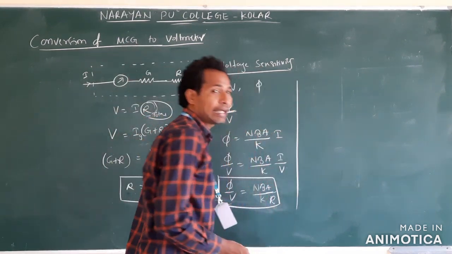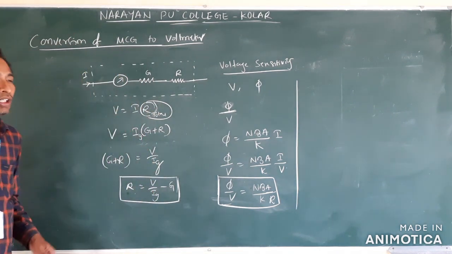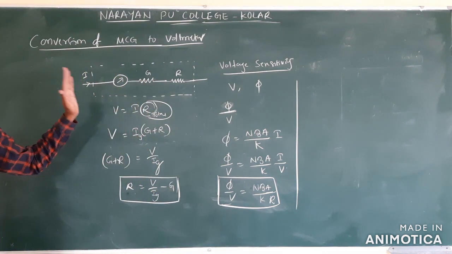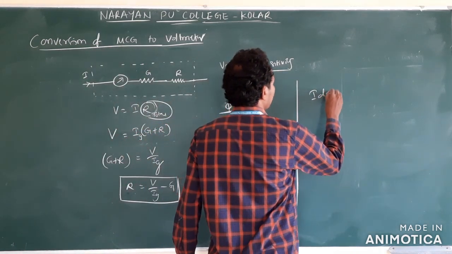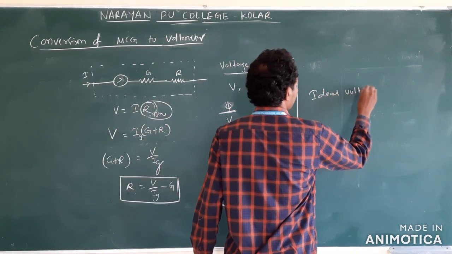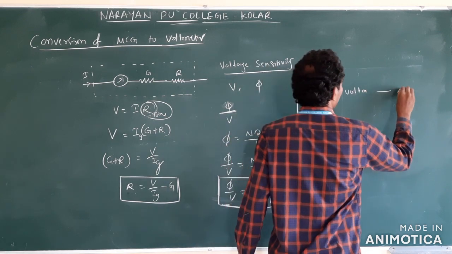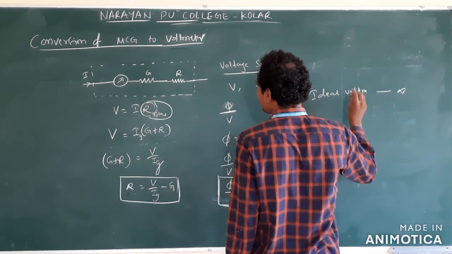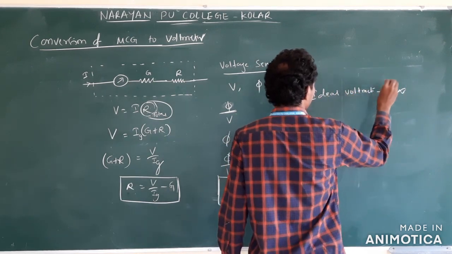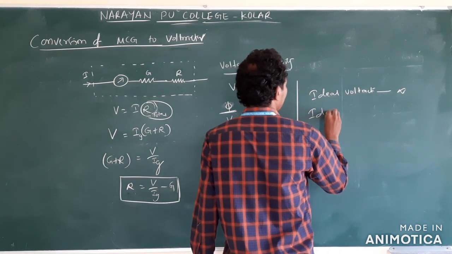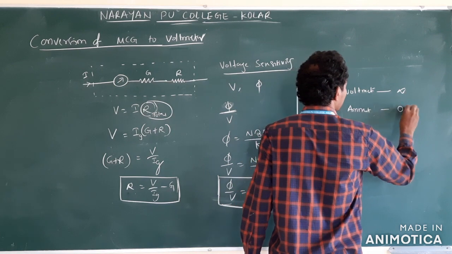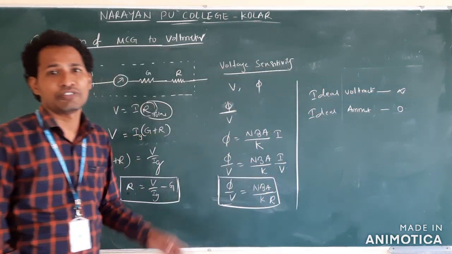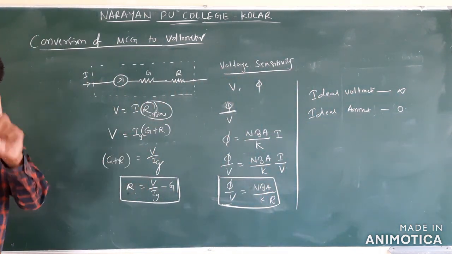One more important point: ideal ammeter and ideal voltmeter. Ideal voltmeter resistance is infinity. Ideal ammeter resistance is 0. Very important points; we can expect them for 1 mark.